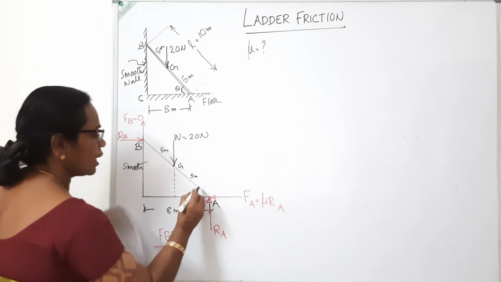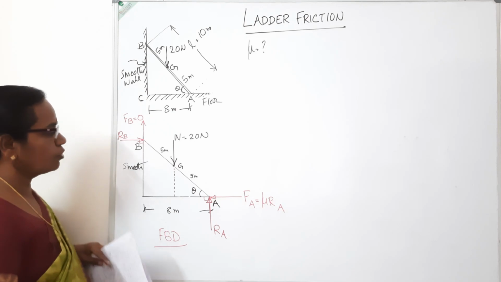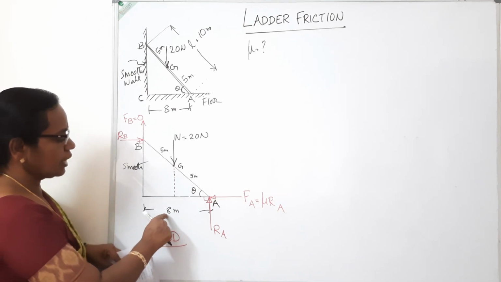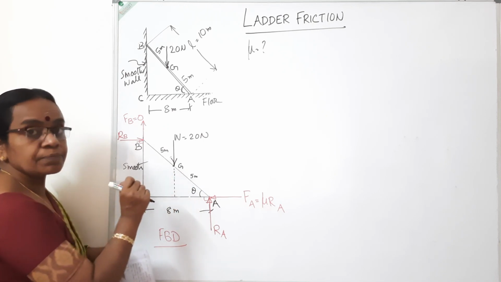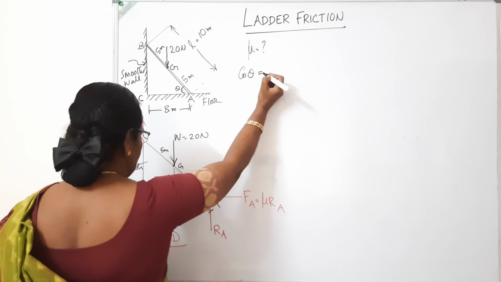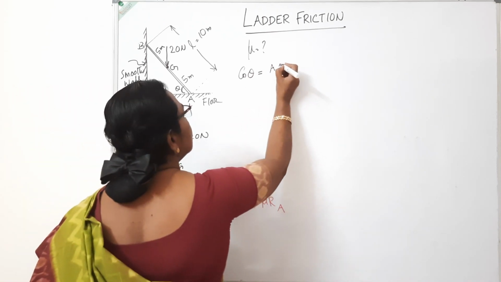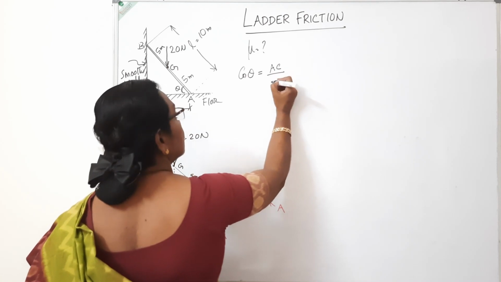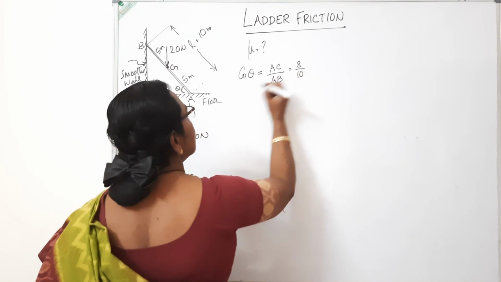Now we have to find out this angle theta. What is the inclination? How will you find out? This distance is given 8 meter, this is given as 10 meter. So adjacent side divided by hypotenuse. We can write down cos theta is equal to, I will mark it as AC divided by AB, 8 by 10.